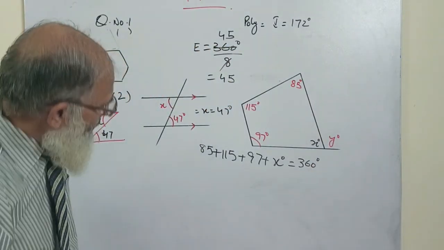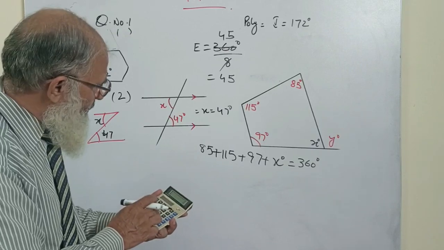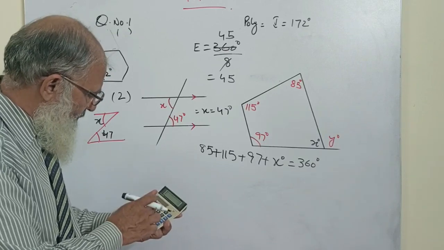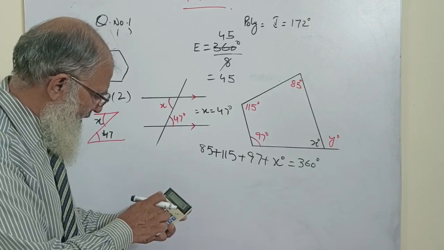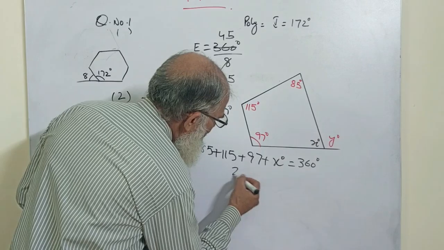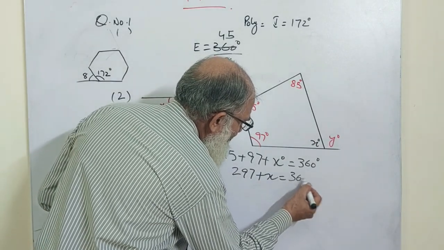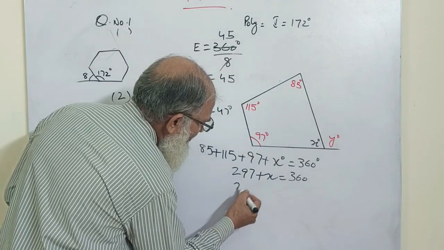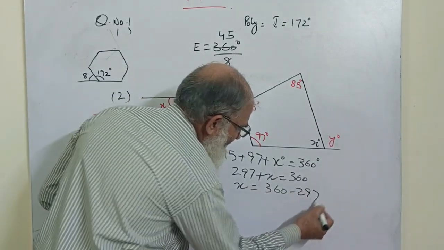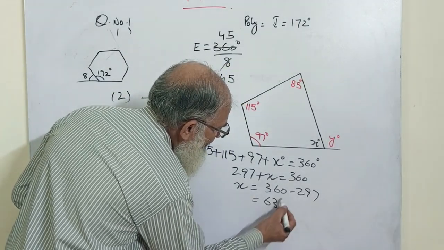Now, should I use the calculator? Yes, I can use the calculator now. 85 plus 115 plus 97 is equal to 297. Now it will become 297 plus x is equal to 360, and we'll bring it over here. 360 minus 297 is 63 degrees.